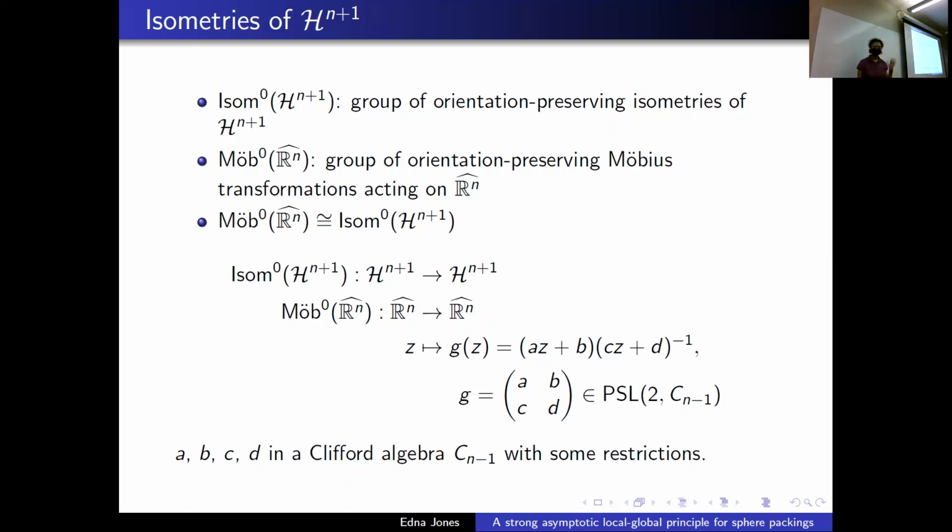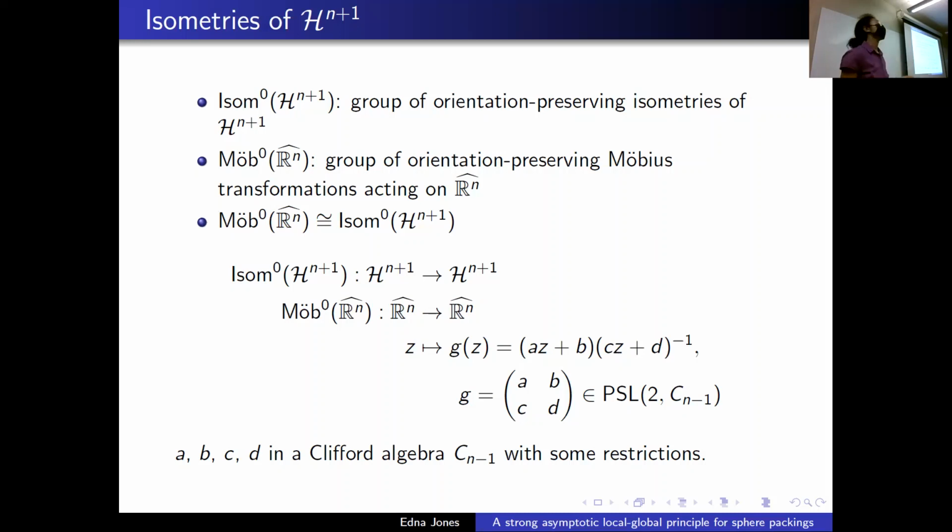So the important thing here is how they act. They act via Mobius transformations. If you take a complex analysis class, this looks like something like (az plus b) times the inverse of (cz plus d).